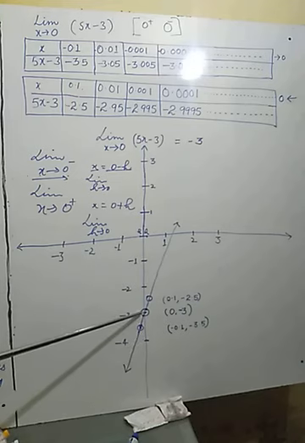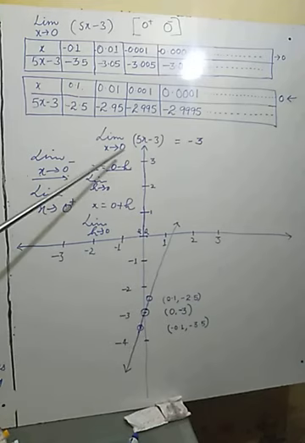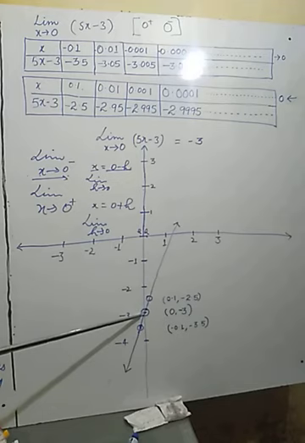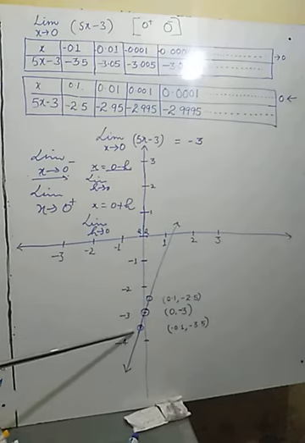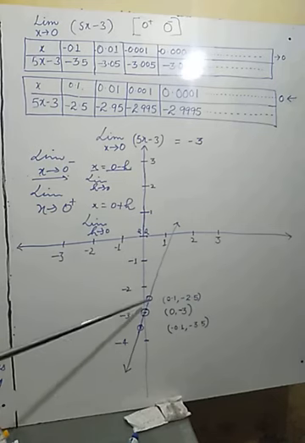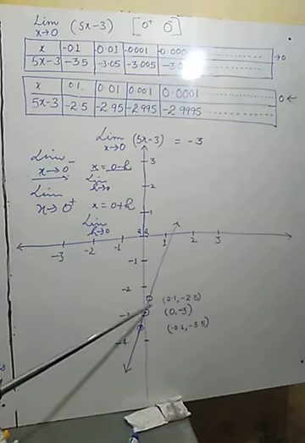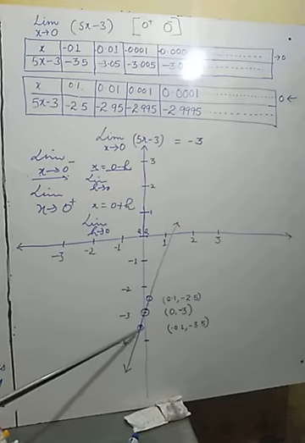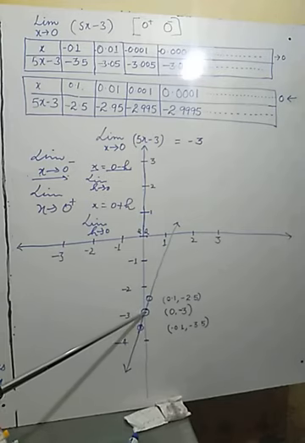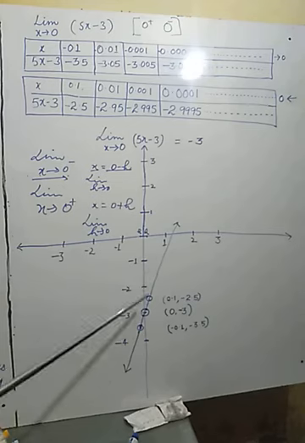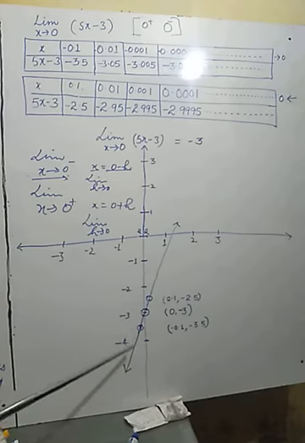And the function at x equal to 0, this value results in minus 3. So f(0), LHL and RHL, all these values are equal. If the value of limit at LHL, the value of limit at RHL and the value of the function are all equal, then the function is continuous.